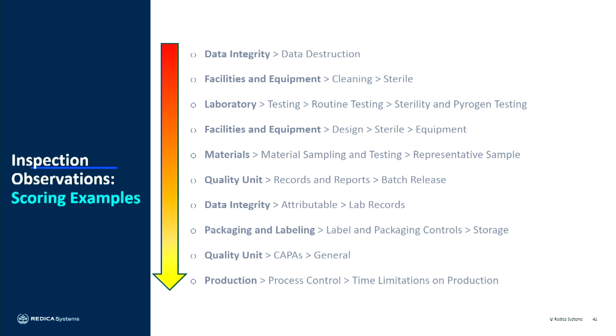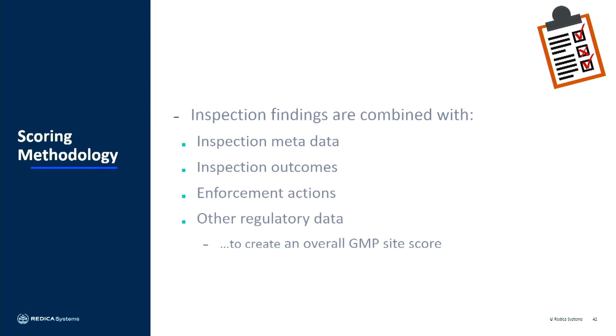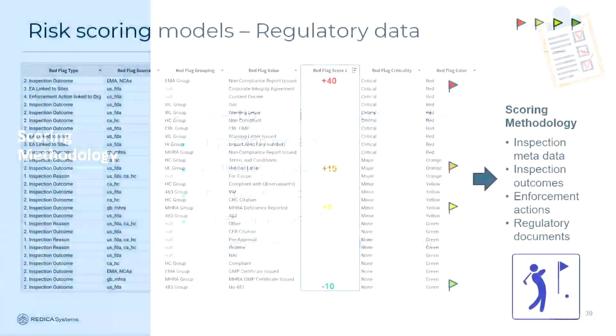And so is issues with cleaning of equipment in sterile manufacturing, because that can produce issues with aseptic processing. So those are higher compared to some that are lower, and we score these. And then combine those scores with the inspection metadata. We've talked about that metadata, the other kinds of things out of those 8 pieces that feed into this model. And we combine all that to create an overall site score.